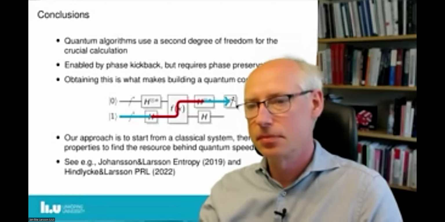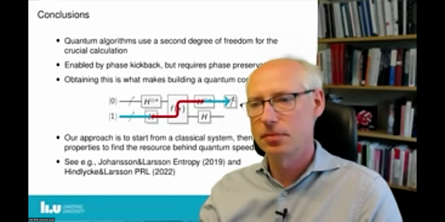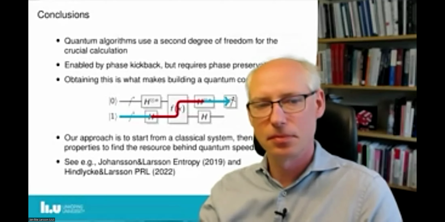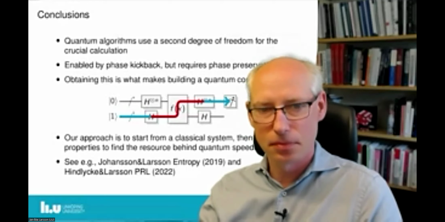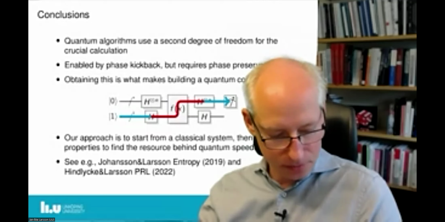So when not, maybe I will use the possibility as chairman to ask a question, Professor Larsson. Your connection between classical and quantum algorithms and resources for this. There is such an activity which is called classical entanglement.